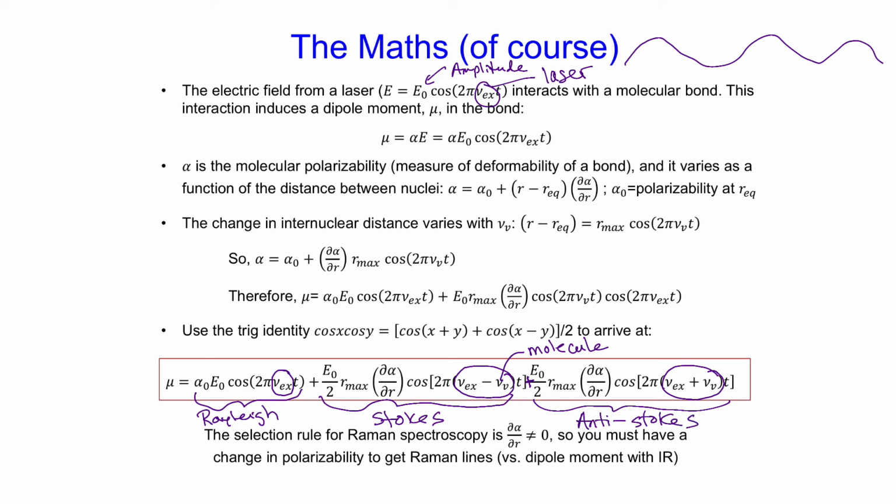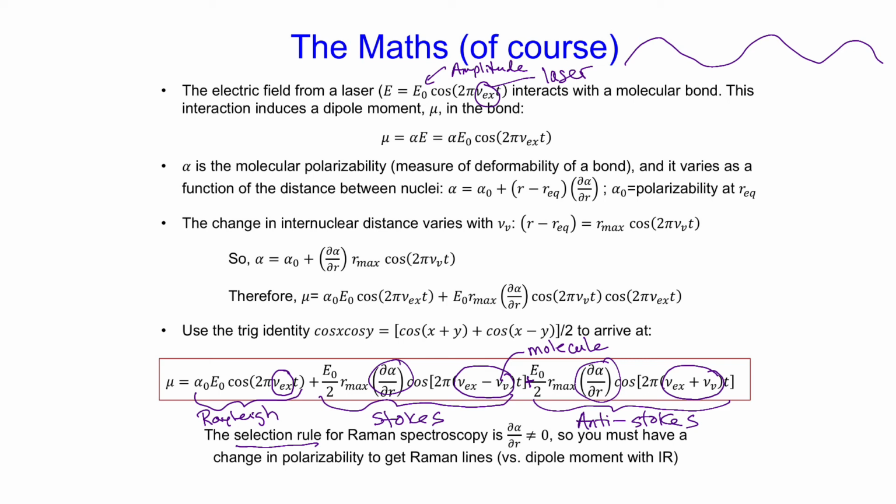The only other thing that we want to pay attention to in this equation is the appearance of this d alpha dr that shows up there. These terms basically just show us what our selection rule is. In order to get our Stokes and anti-Stokes scattering, in order to detect those, we need to have a change in our polarizability as the molecule vibrates.